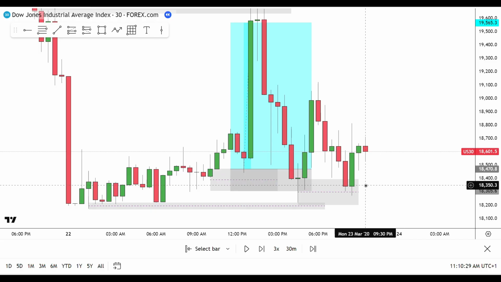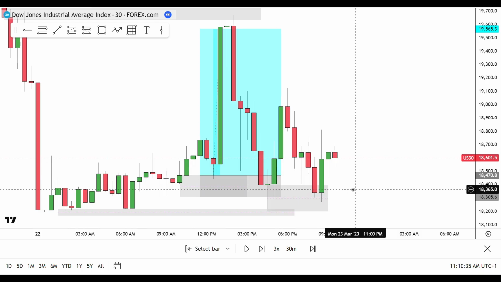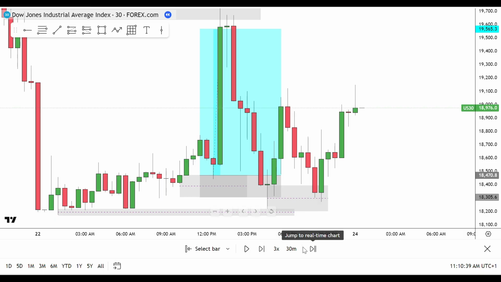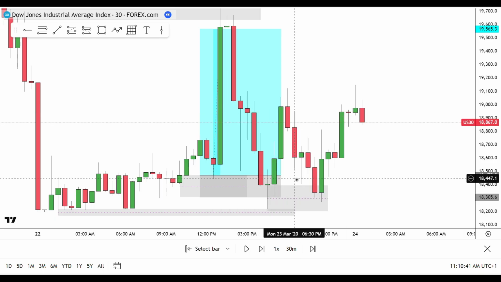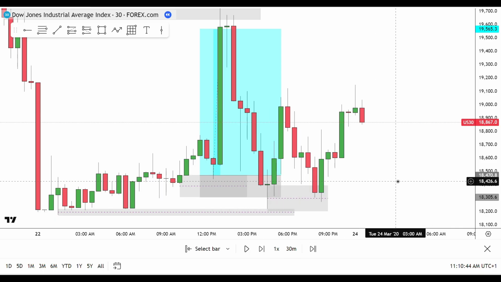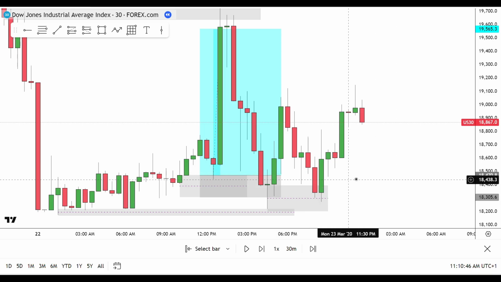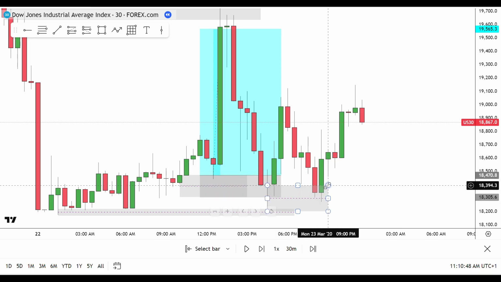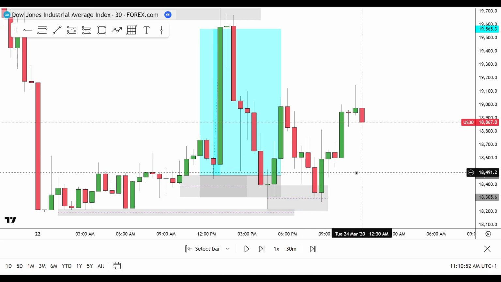Okay, tapped into here, and then you see there was greater confirmation of buyers wanting to remain in the market. And so let me just use 1x. So we see this happen. Okay, if you wanted to buy here, as an aggressive trader, you could, but there's something I'm going to be showing you.